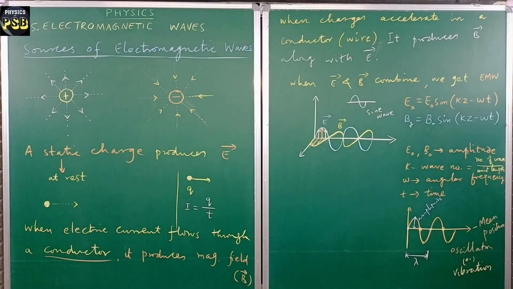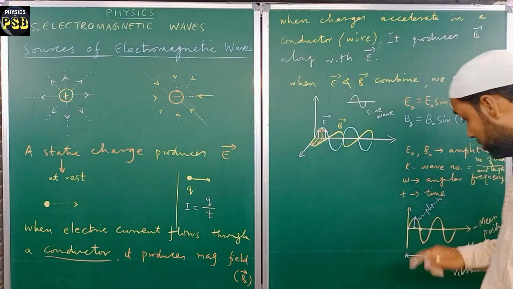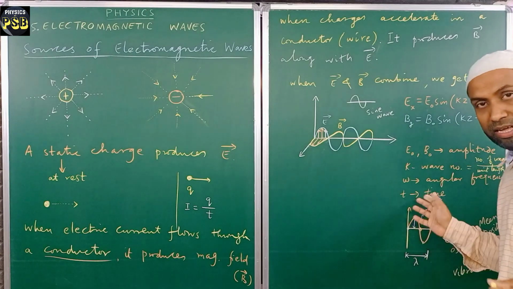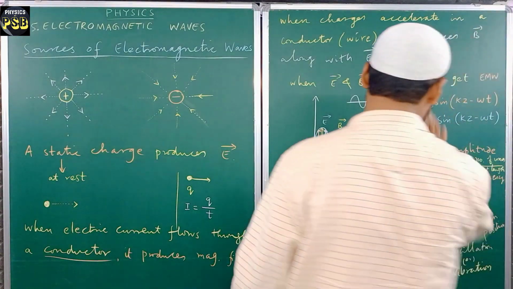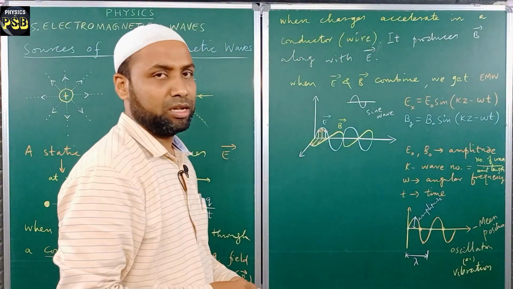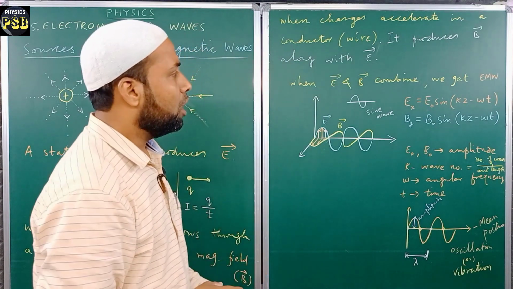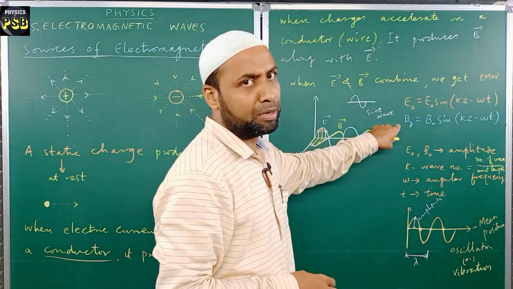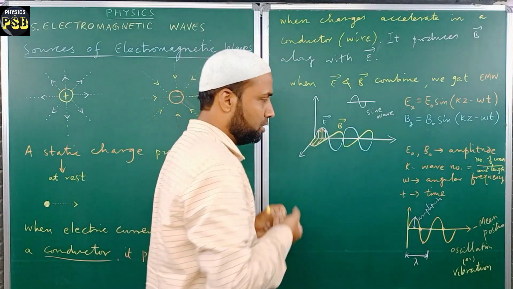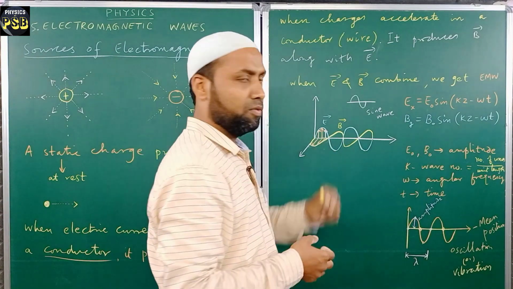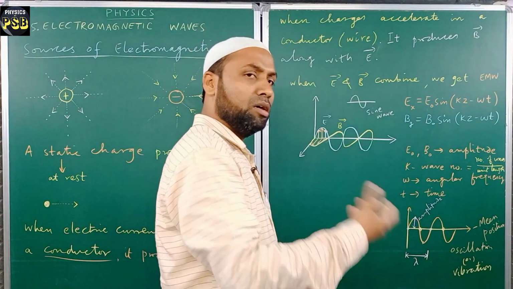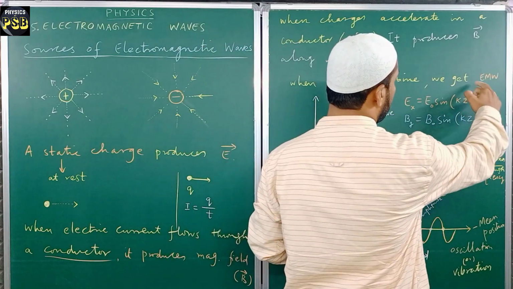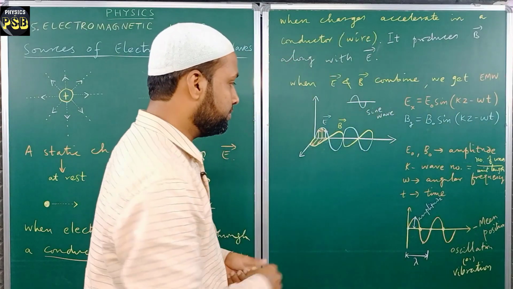Then angular frequency: how many times the particle oscillates in a given time is referred to as angular frequency here. Got it? That's all about the terms present in this equation. Now, as I told you, E and B act perpendicular to each other and they move in a direction perpendicular to both of them, which represents the direction of propagation of electromagnetic waves.